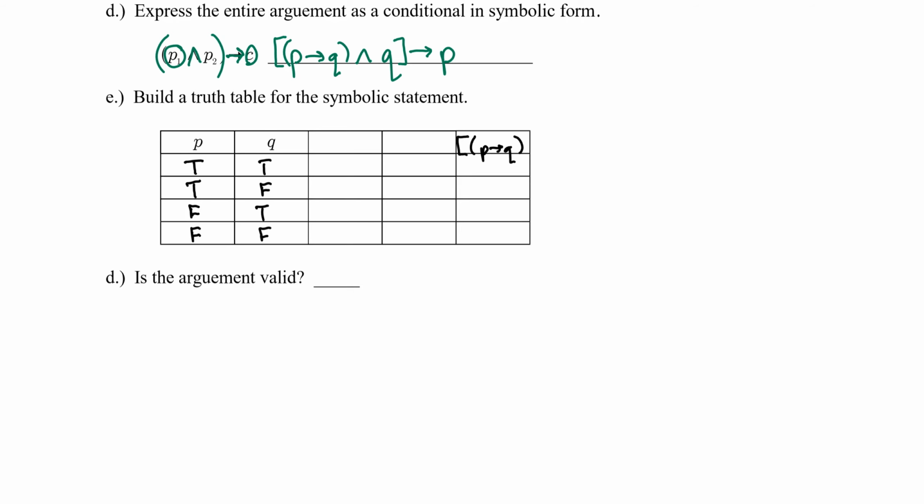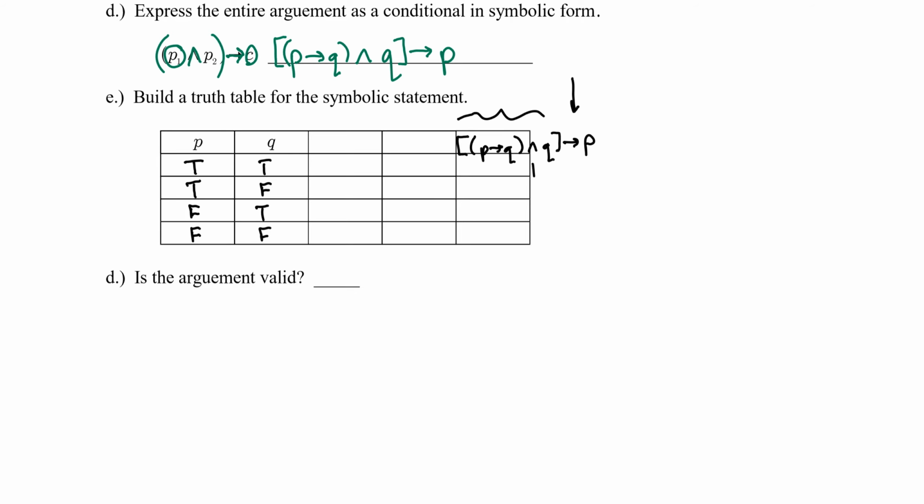So I'm going to squeeze that in over here. And then we're going to fill out our column headings based on breaking down this conditional. So this big conditional has a left side and a right side. Notice the right side is already accounted for over here. That's just a simple statement P. So that one's taken care of.